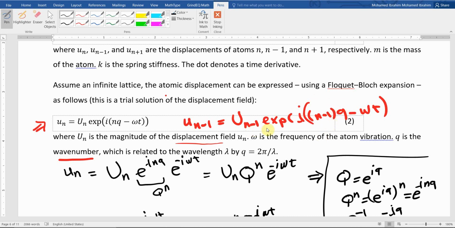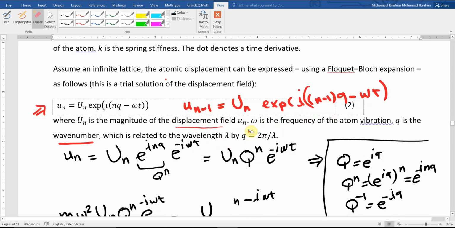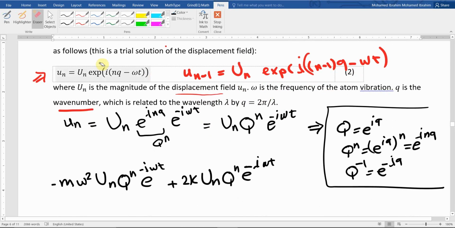If we are interested in the displacement of the atom before the atom n, which is n-1, we still have the same amplitude, because this is the amplitude of the incident wave with respect to the atom n, but we have a different wavelength that is shifted back by -1, or forward by +1 in case we have un+1. Make sense? So we still have the same amplitude but a different wavelength that is shifted here.